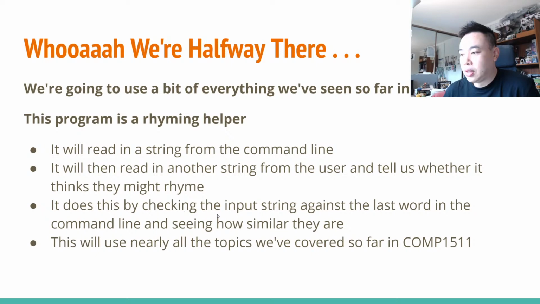We're going to check the last word in the command line string against the input string, and see how similar those are. If those are similar, then we'll say that they might rhyme. As we do this, you'll notice that the way I'm checking whether these things rhyme is not that amazing, but it'll still tell us something about what's going on.